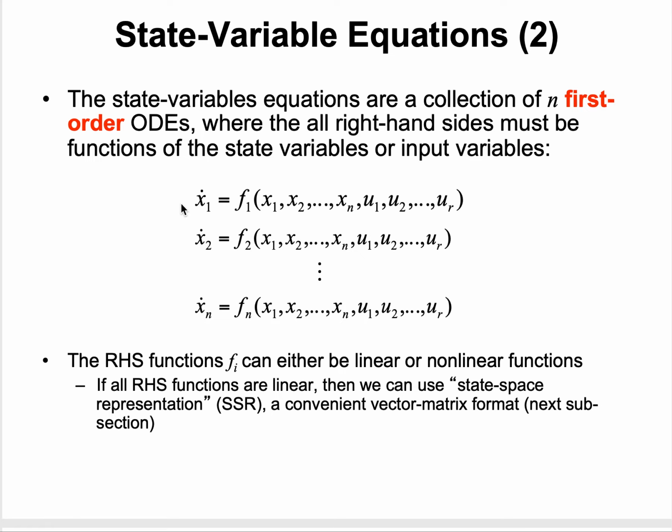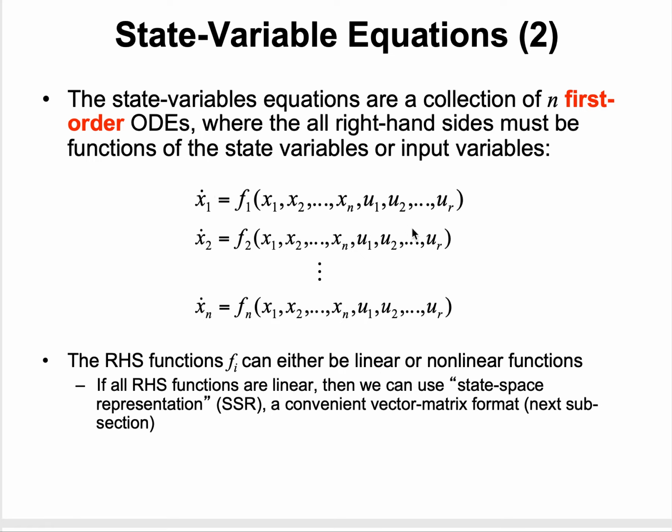x dot is equal to f of x and u. Actually, that x is a vector, so we have n number of x dots, we have n number of f functions, and the functions map n plus r variables into one value.